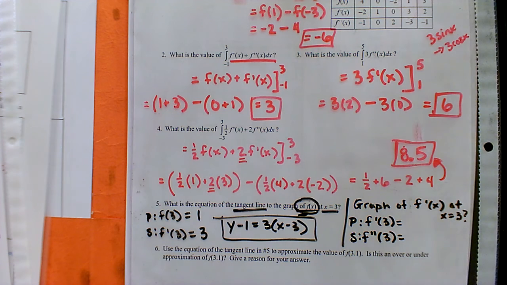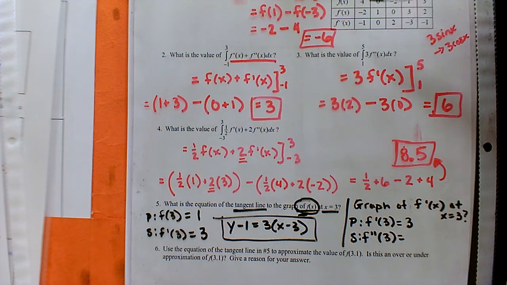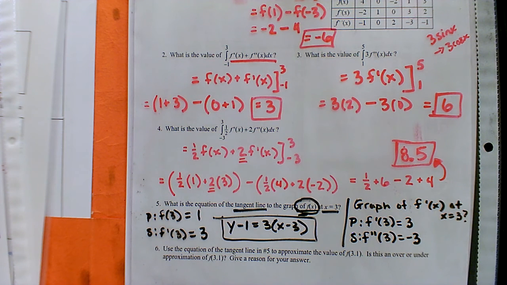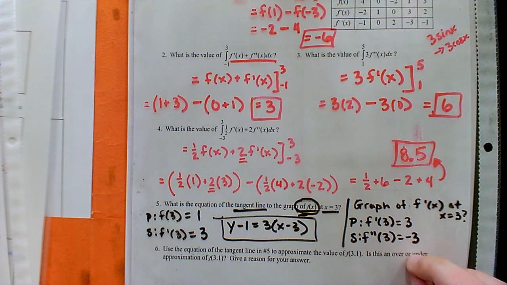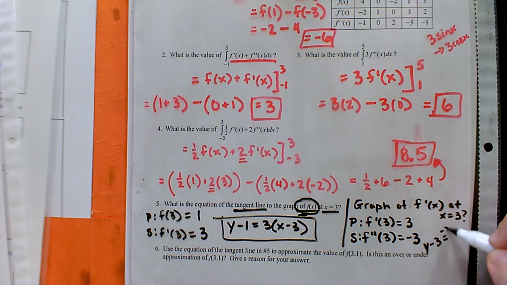Based off the table, f prime of 3 is 3. The second derivative value is negative 3. So y minus 3 equals negative 3 times x minus 3.